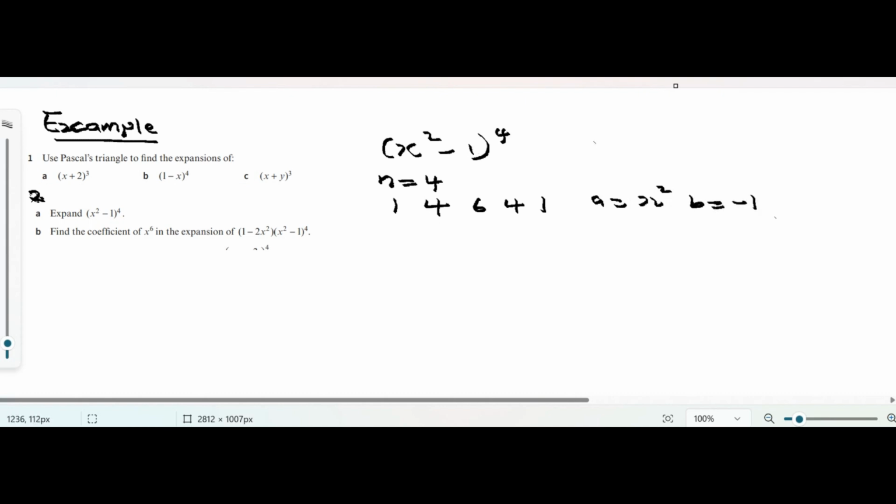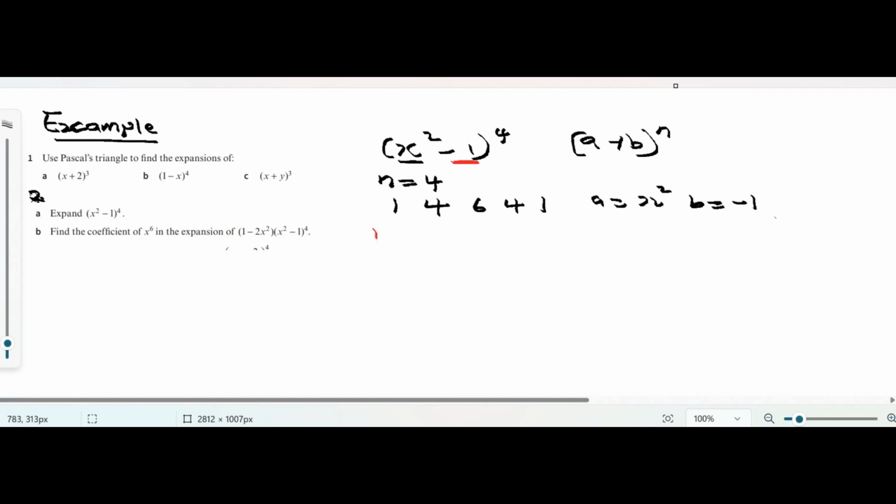Yes. So I know that my a is x squared and my b is minus 1. If I'm writing it in the form of a plus b all raised to power n, my a is x squared, while my b, please pick the minus sign with it if it is not positive, is minus 1. So let's apply it and put it at the back of your mind, as a is decreasing, b is increasing.